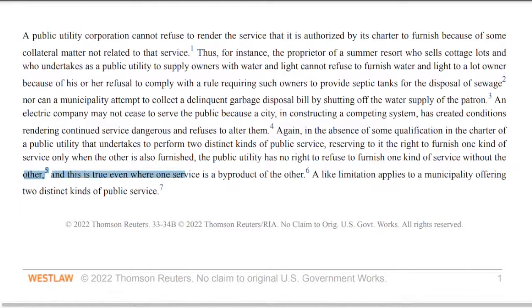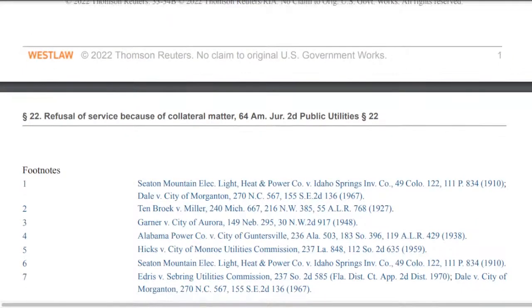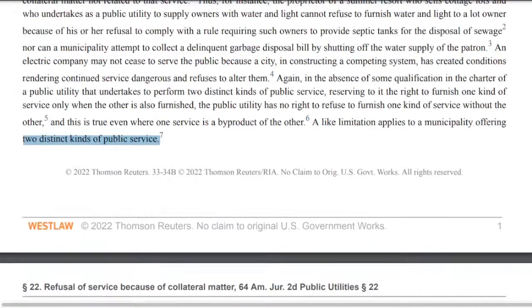And this is true even when one service is a byproduct of the other. I guess water and sewage, right? A like limitation applies to a municipality offering two distinct kinds of public service. Interesting. That's number 7, footnote. Idris versus Sebring Utilities Commission, Florida, 2nd District, 1970. Dale versus City of Morganton, North Carolina, 1967. So, well settled.